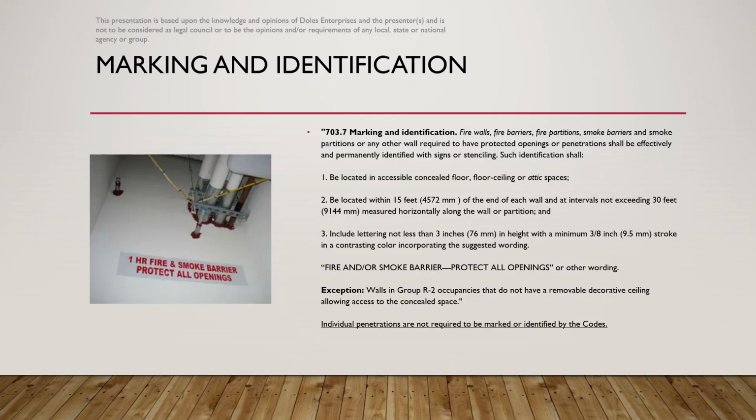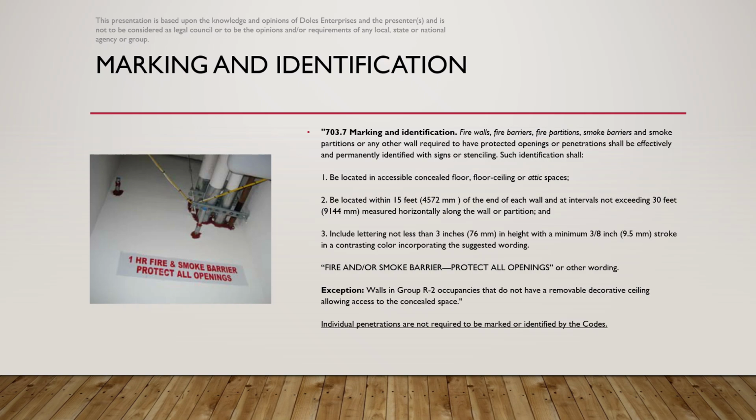Let's discuss marking and identification. While not part of the Firestop inspection process, the proper identification of a rated assembly is critical. The IBC in 703.7, Marking and Identification, gives some very clear criteria for how these walls should be marked. In our example, we have a 1-hour fire and smoke barrier.